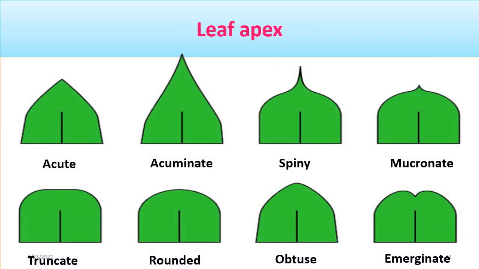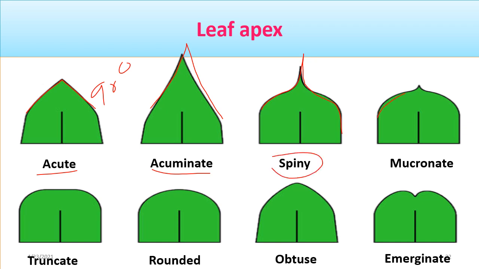Here different leaf apices can be seen. This is with less than 90 degrees, that is called acute apex, because an acute angle is there. When sharply pointed, then that is called acuminate apex. Then when it shows a sharp point of thorn like or spine like structure, that is called a spine apex.